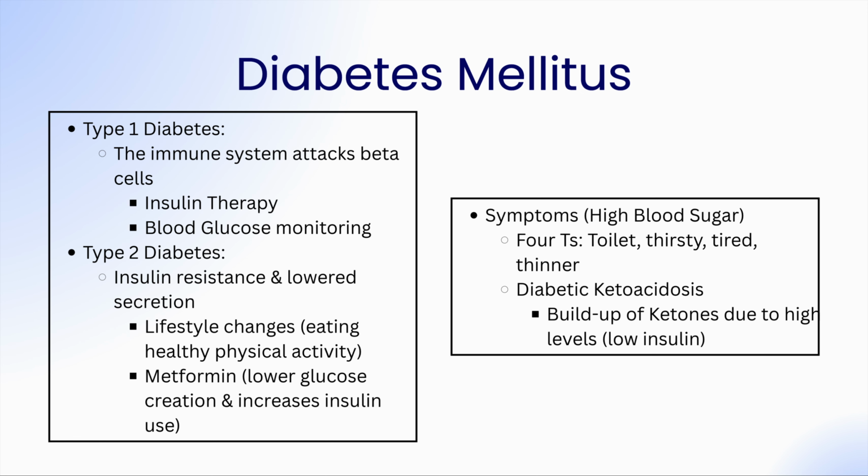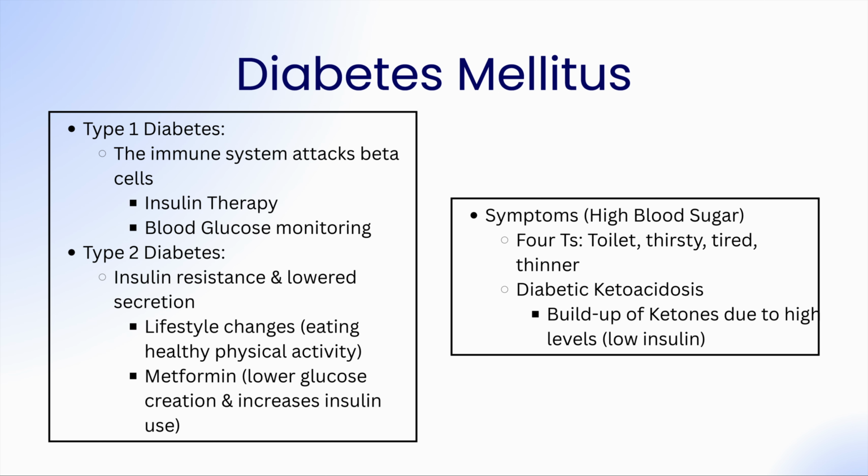And in order to understand when you need to do insulin therapy, people with type 1 diabetes often have to consistently measure their blood glucose levels. And type 2 is pretty similar because it results in high blood sugar levels, but instead of it being because the beta cells are damaged, it's because the body is insulin resistant and it produces less insulin in general.